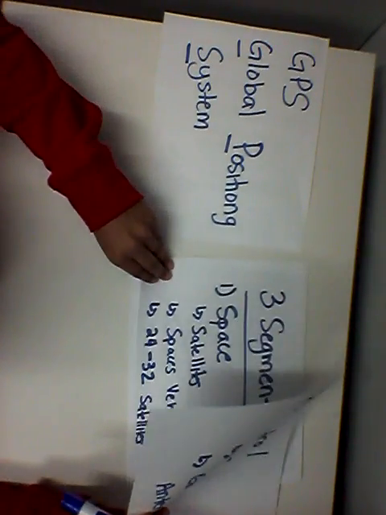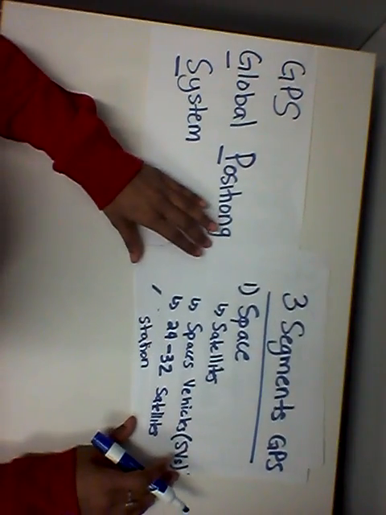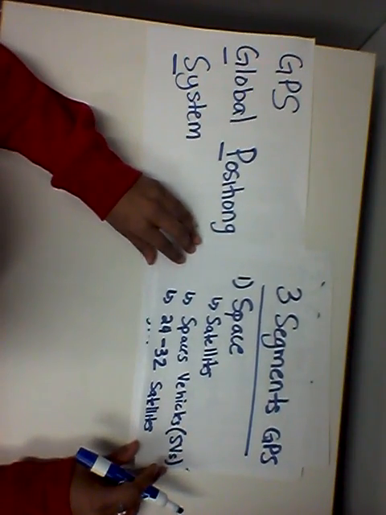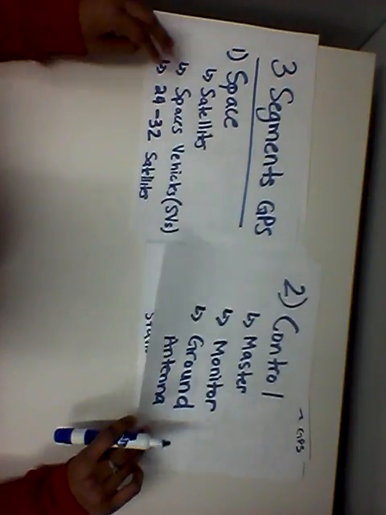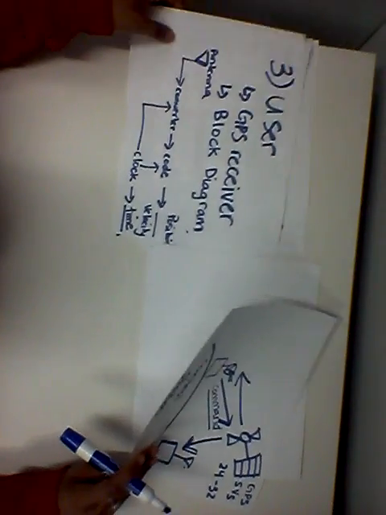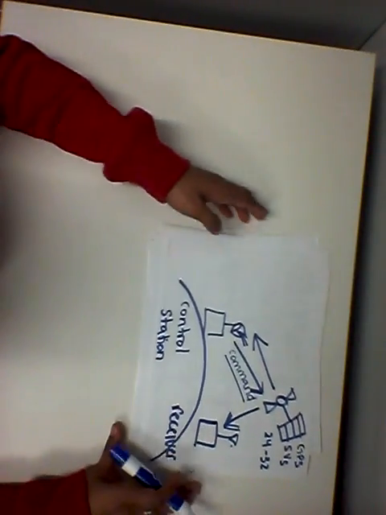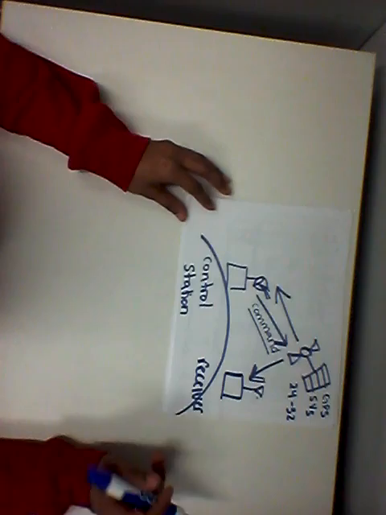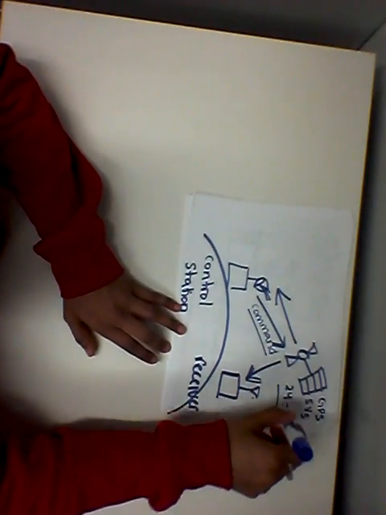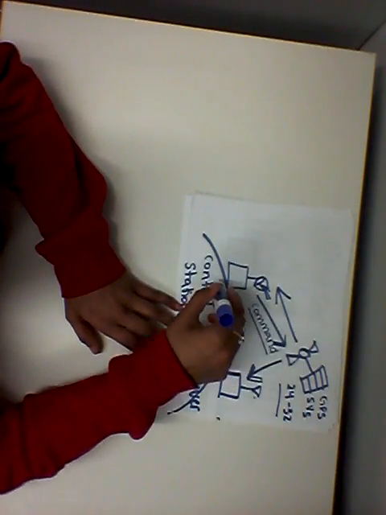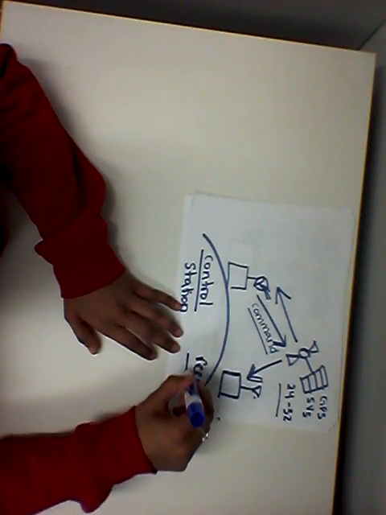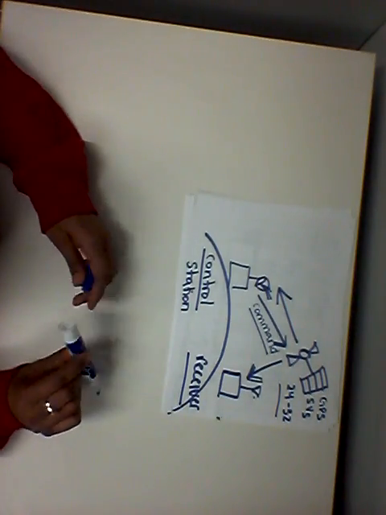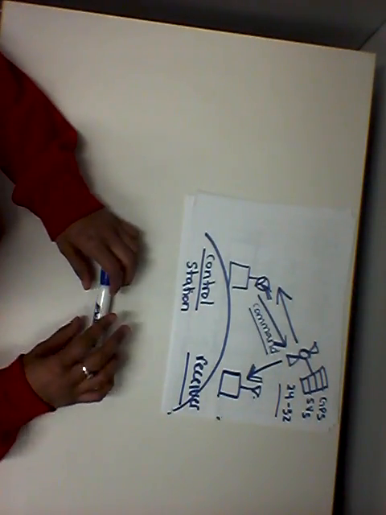There are 3 segments of the GPS: space, control, and user, and we get this end product of how we get our information from satellites, control station, and the receiver. And that's everything. Thank you.